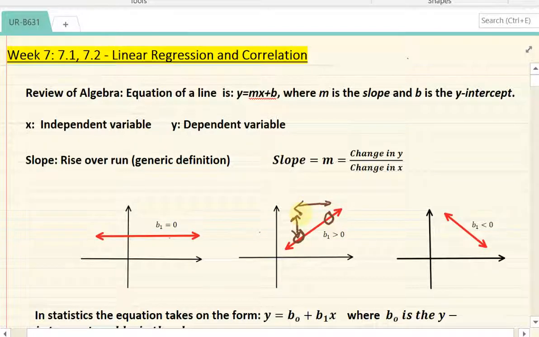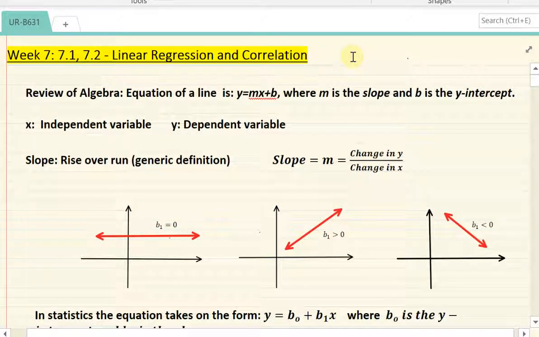So the ratio of those two numbers, the vertical change in y divided by the change in x, gives you the slope of a line. And remember, the slope of a line gives you the orientation of that line. So that's pretty much what that's going to be for us. It gives you, again, the orientation or the slant of the line, if you will.